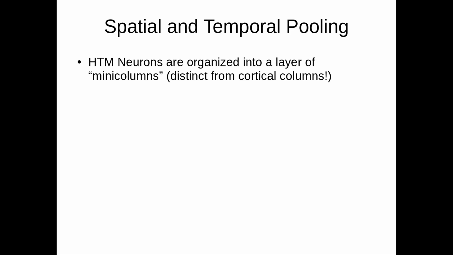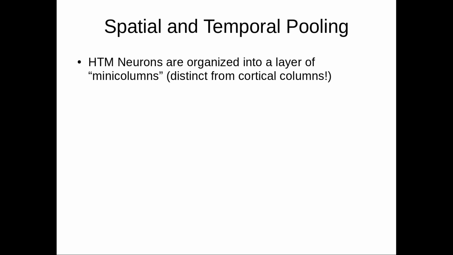Okay, so the first thing we do is take the HTM neurons and organize them into layers of mini columns. Now, these are really unfortunate words that come from neuroscience literature. Mini columns and cortical columns are different things. Cortical columns are the big columns we talked about before with the 10 different layers. Mini columns are little collections of cells within those layers.